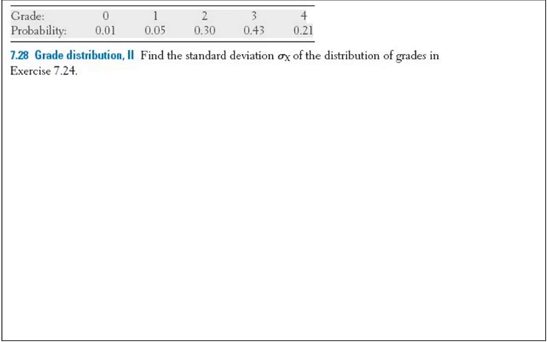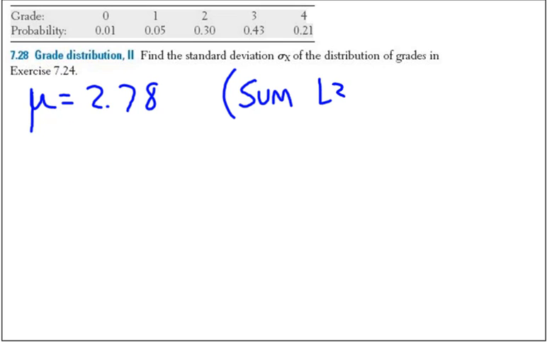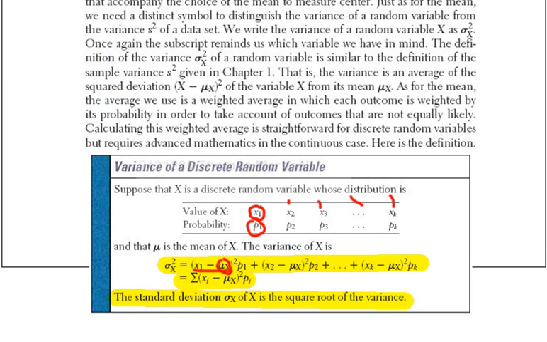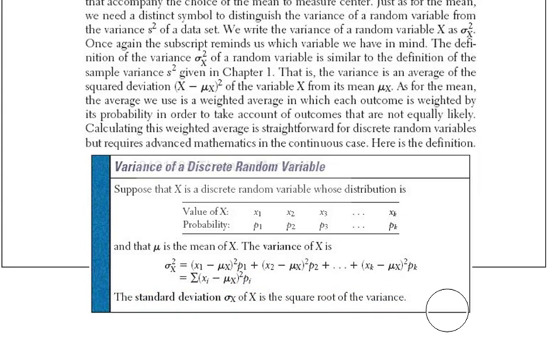Now remember that we already said mu is 2.78, and for our purposes, just to be able to do it in general, we got that by doing the sum of L3, and that'll be important in a second. So let's hit this formula for a sec. As a reminder, we take the mean that we already found and subtract it from each x.